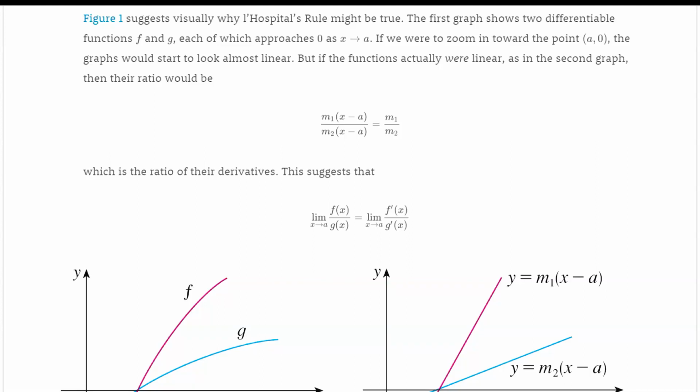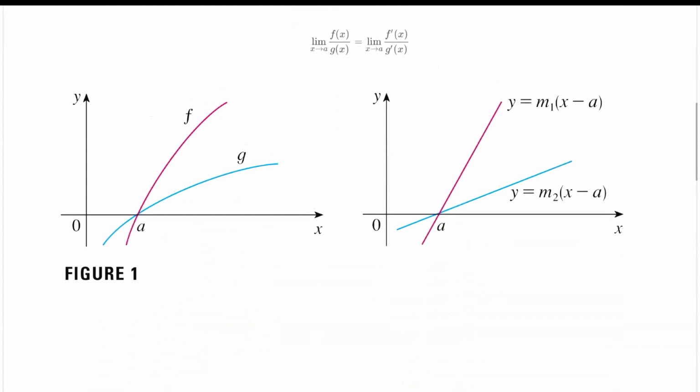Okay, so your book gives you a couple graphs to try to understand why L'Hopital's rule makes sense. Now, this is not a proof at all. It's just sort of a visual to help you see where things are coming from. So we have these two functions, f and g, and their limits as x approaches a are both 0.